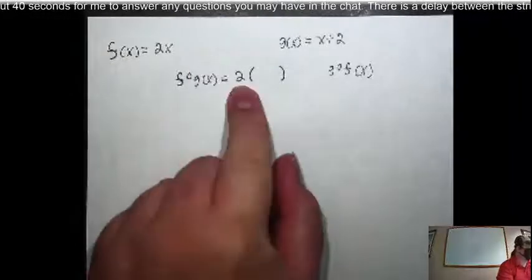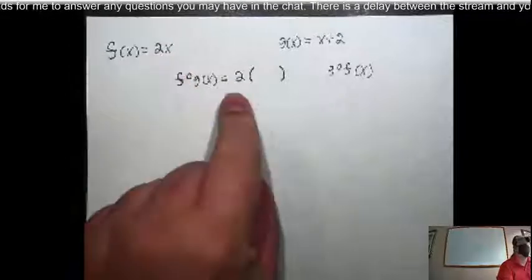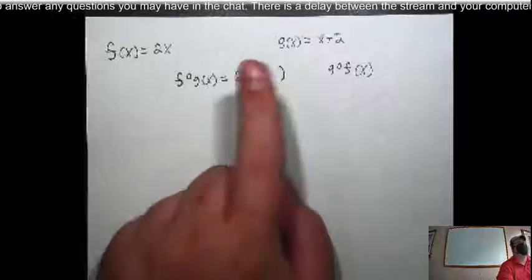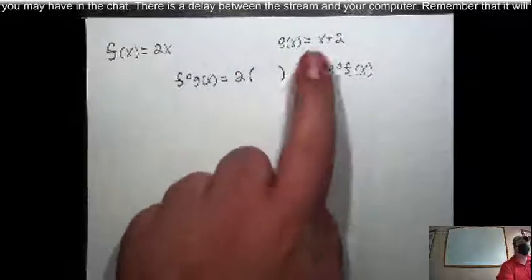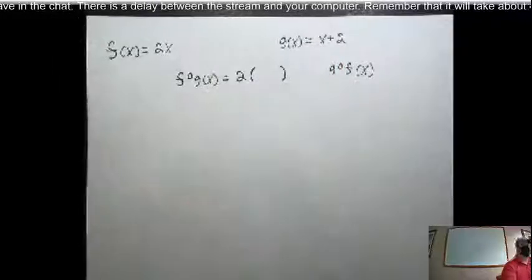So again, we have f of x, it's 2x. And then into here, for our x, we're going to plug in g, so x plus 2 is going to go right in here.